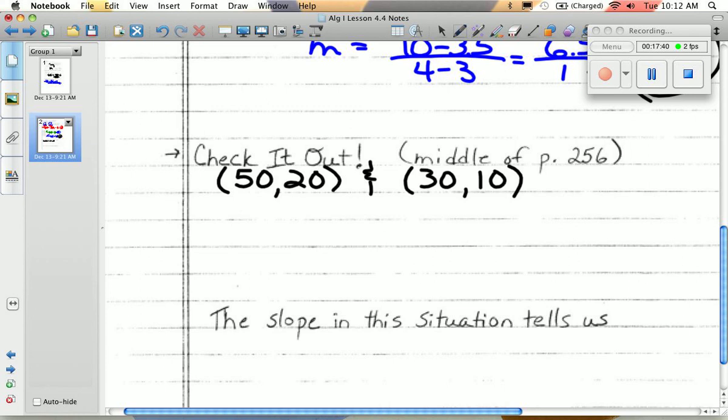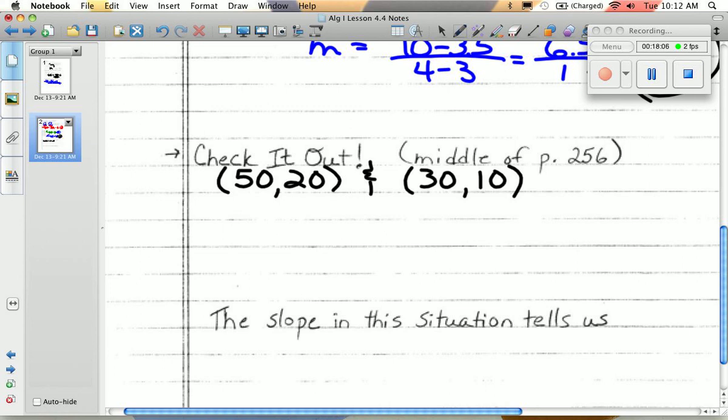So remember, the y's go upstairs, and the x's go downstairs, so what should our label end up being? Centimeters per day. Yeah, so if we were going to talk about the rate of change, when we do the slope for a problem, we know what the x and the y are representing. That's really what we're doing. We're describing the rate of change, and we can actually give it a label.